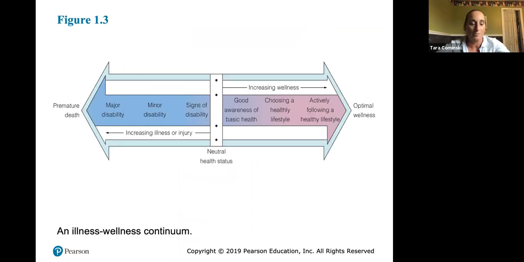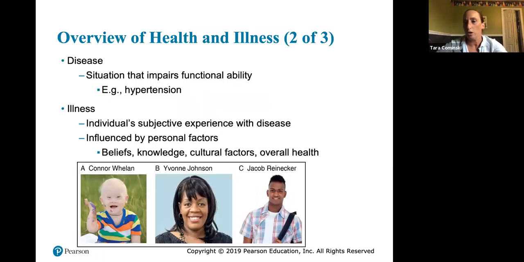I wasn't worried about highlighting this too much, but a lot of this is terminology, right? Health versus illness. The one thing to think about is a lot of times people use illness and disease interchangeably, but really when we talk about an illness, it's bringing in the patient's feelings, right?